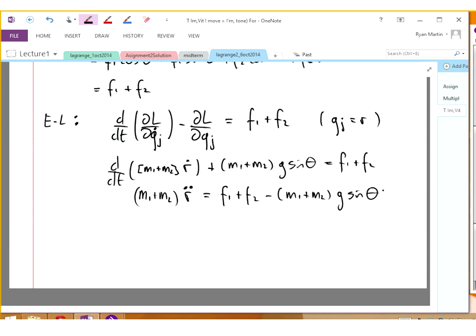Any questions about this problem? This is a very slow way to do a very simple problem with Newton's second law.